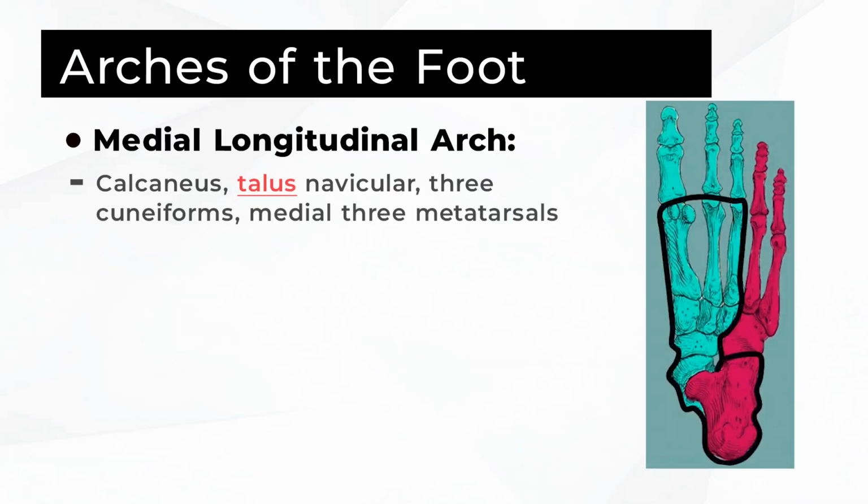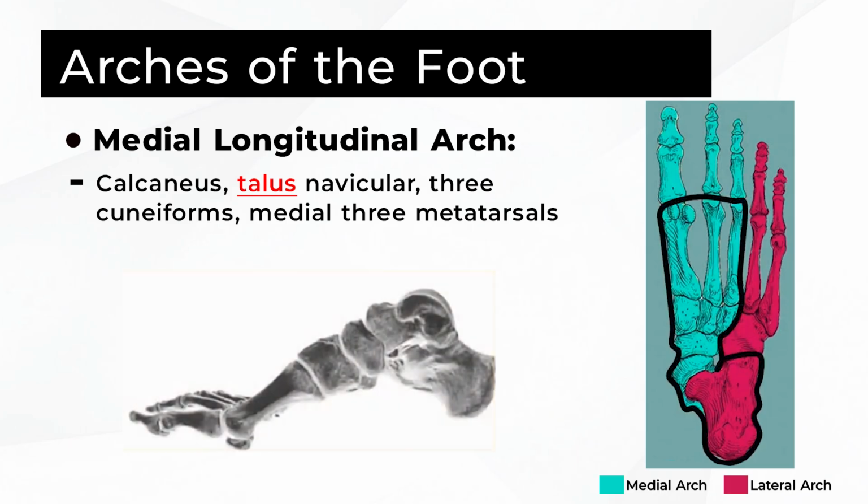The medial longitudinal arch is made by the talus, which forms the keystone of the arch. The calcaneus forms the posterior pillar of the arch, while the anterior pillar is made by the navicular, the three cuneiforms, and the medial three metatarsal bones.